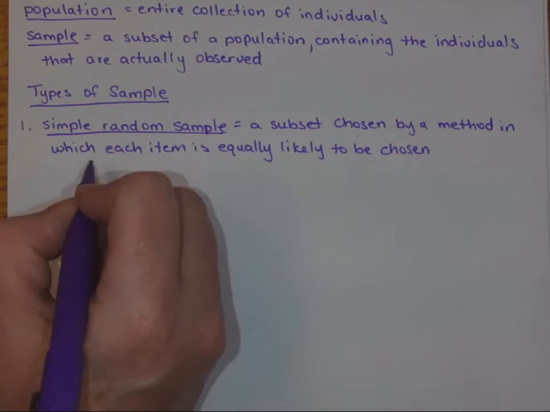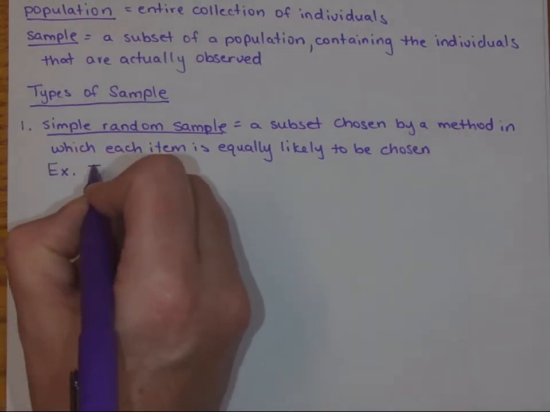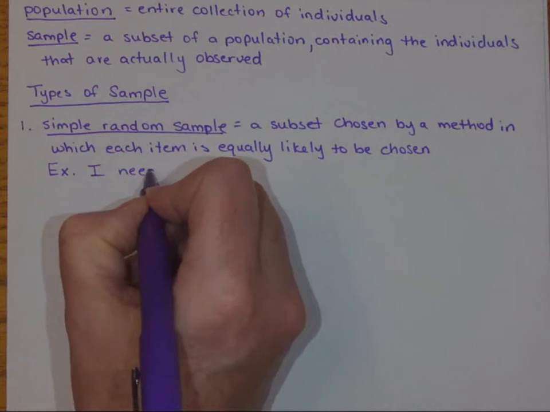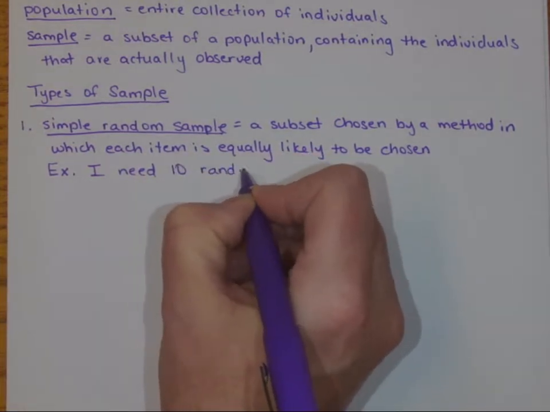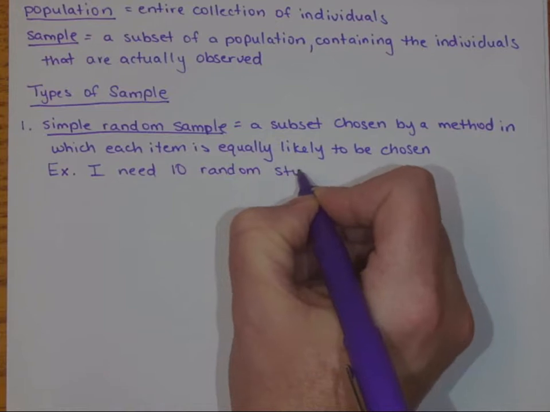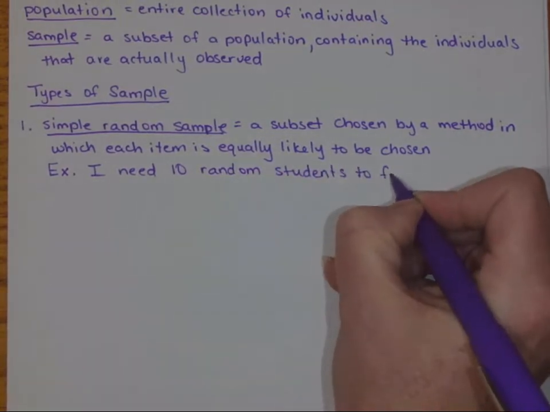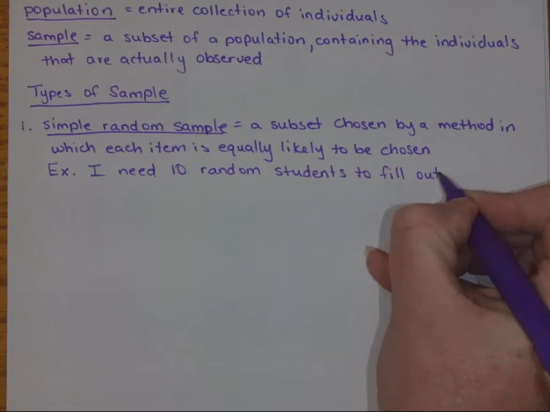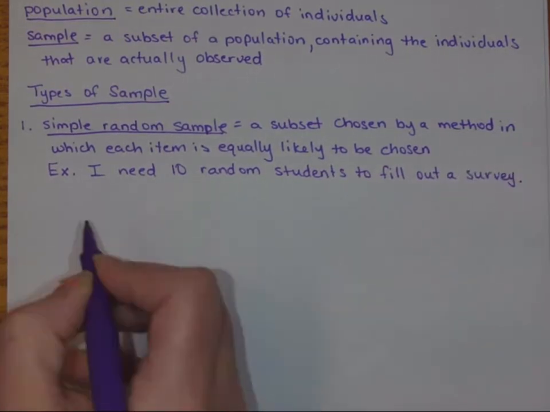An example of a simple random sample might be something like this. Let's say that at the college, I need 10 random students to fill out a survey. And let's say that I don't want to give preference to any group of students. I just want to make sure that it's random.